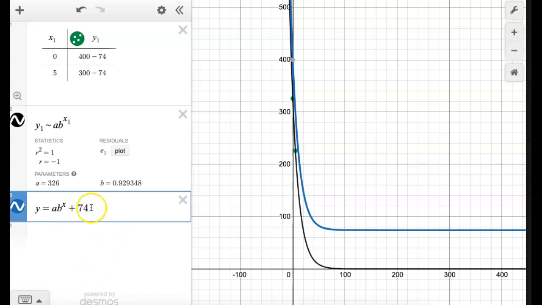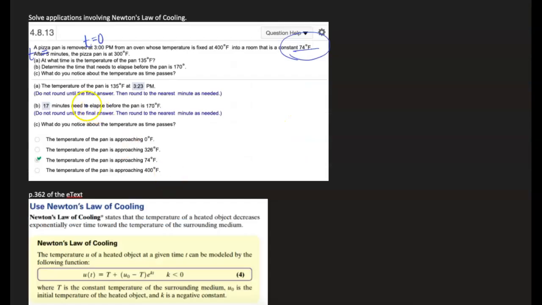Okay, now that I have this model, I can answer other questions. So I'm going to turn off this particular model, and I'll even turn off those points. This is the model that I want to focus on. Okay, so if I come back to the questions being asked, the first one is the temperature of the pan is 135 degrees at what time?